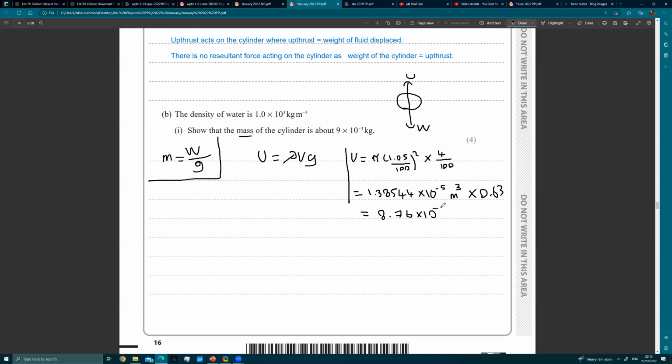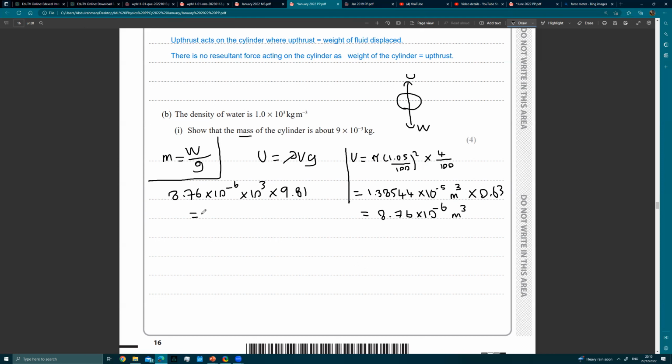So this is why I got my calculator. Times 10 to -6 meters cubed. That's the volume. So I'm going to do 8.76 times 10 to -6 multiplied by the density 10 to 3 multiplied by 9.81. So this is my upthrust.